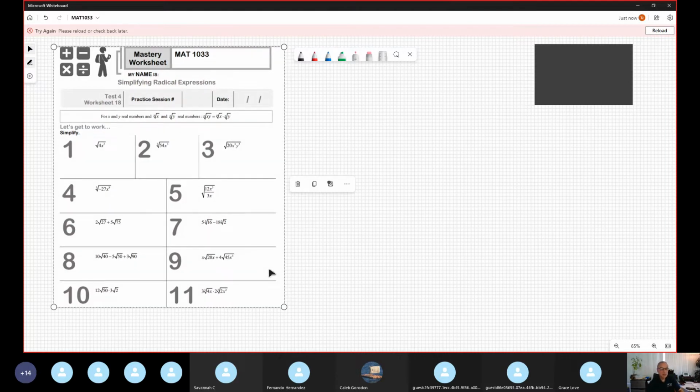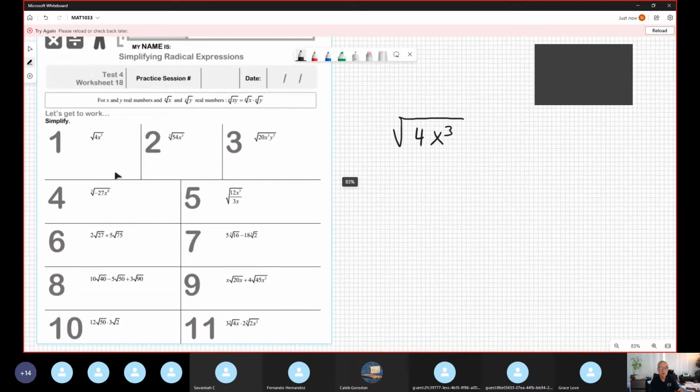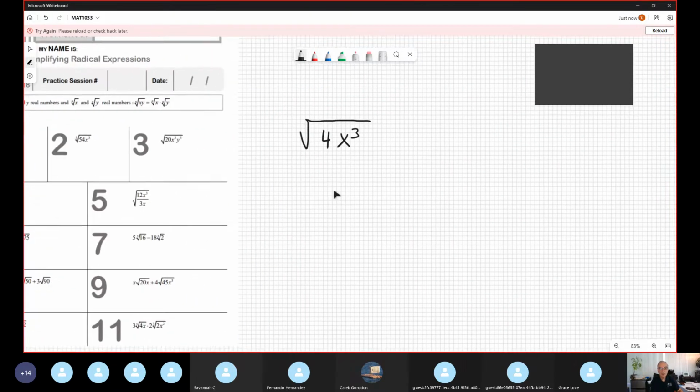Number one is square root of 4x to the cubic power, no? Let me see, I don't see very well. Let me zoom. Oh, yes, cubic power. Okay, no problem. I understand. So you separate mentally. Square root of 4 is 2. And square root of x cubed, I have no idea.